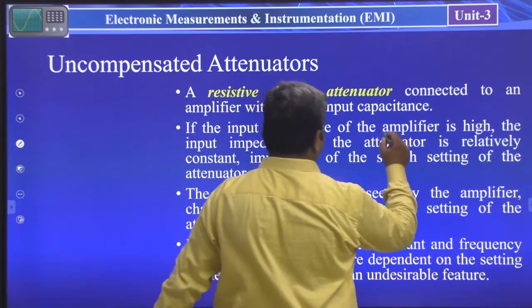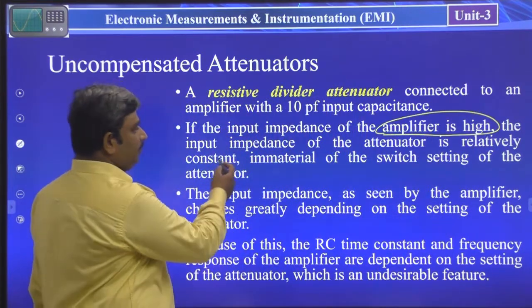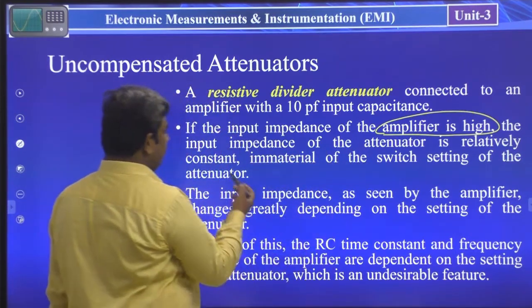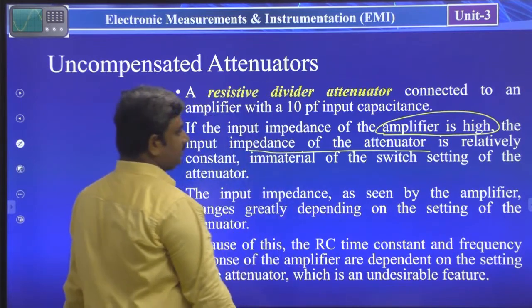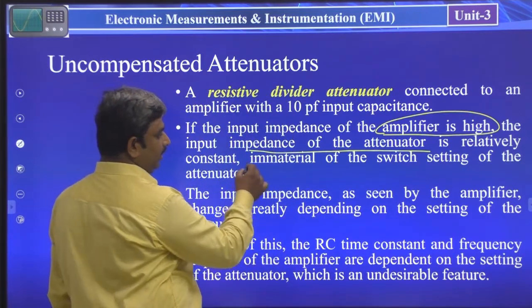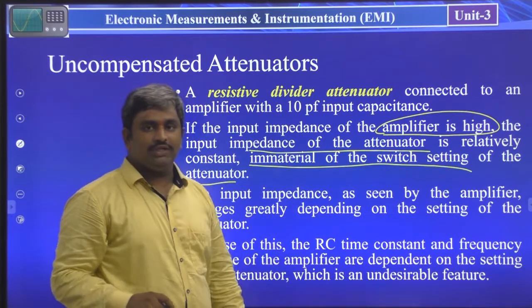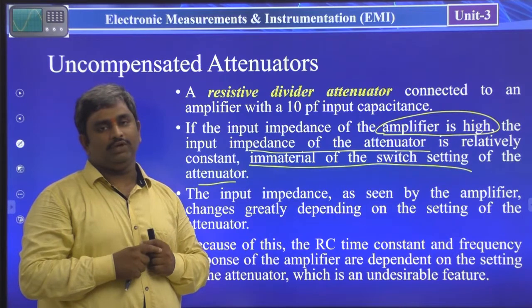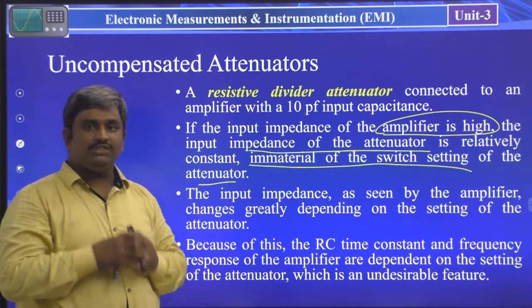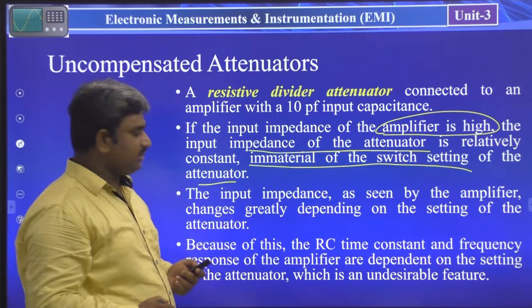If the input impedance of the amplifier is high, the input impedance of the attenuator is relatively constant, immaterial of the switch setting of the attenuator. So whatever the switch positions, it will give the constant output voltages of 1 volt, 10 volts, 100 volts, if you keep the input impedance constant.